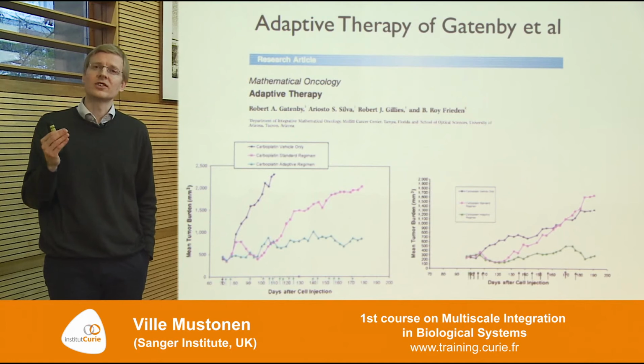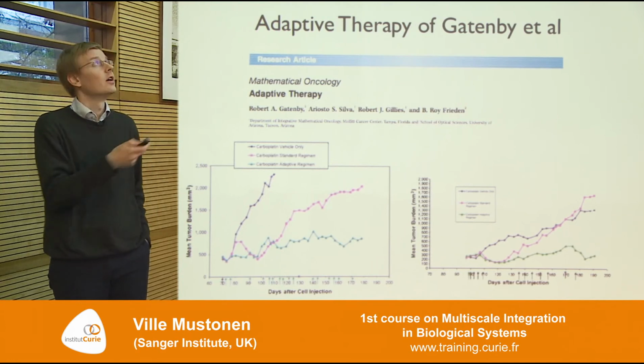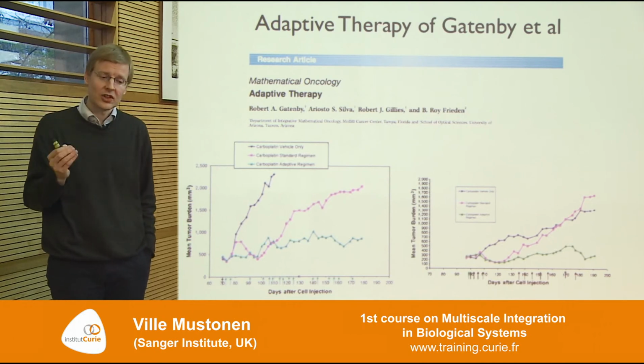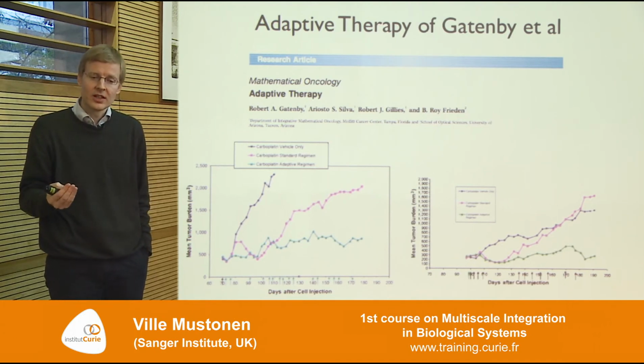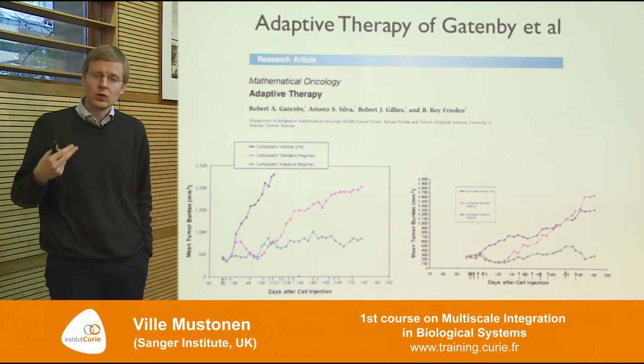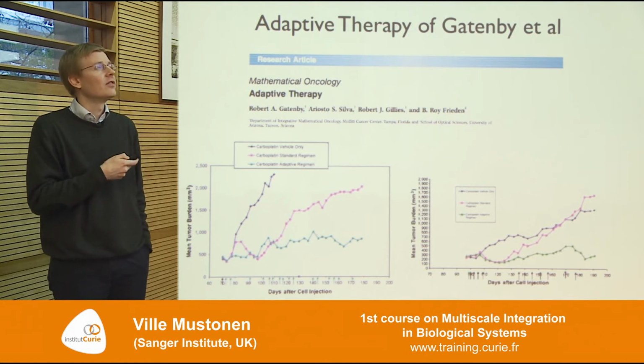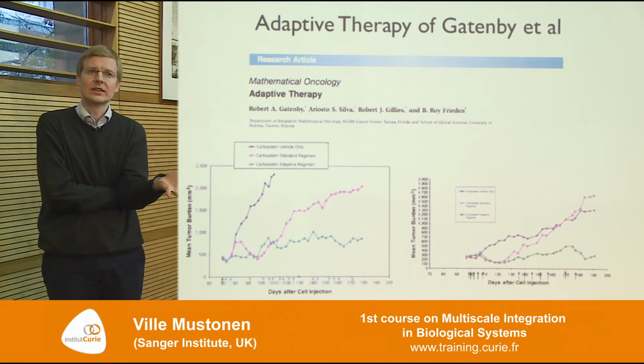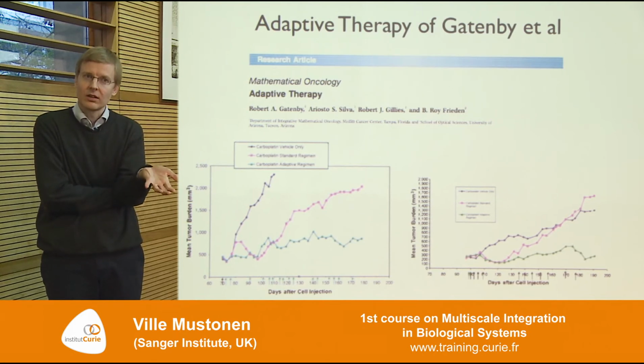So their idea was that cancer as a dynamical process, the protocol that you use to control it should also be dynamical. And he said even further that we don't necessarily need to eradicate the tumor. We should be talking about maintaining it at some level.